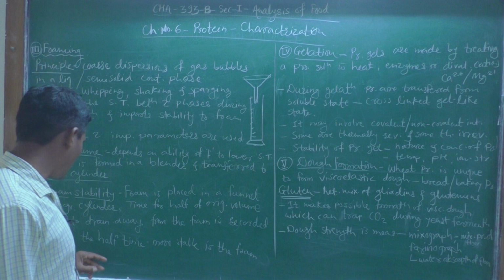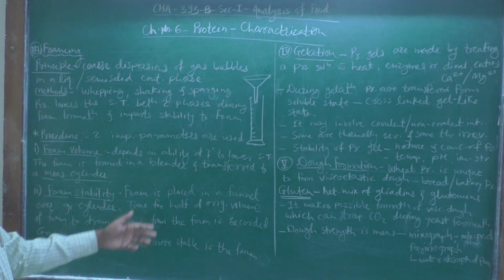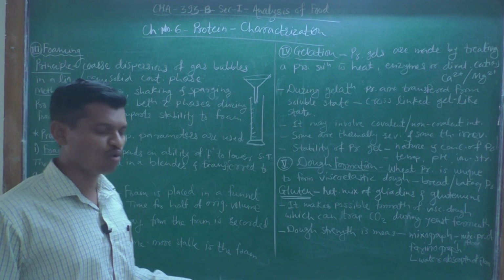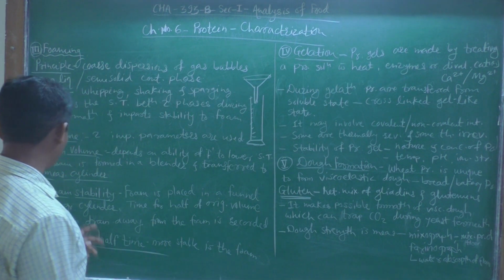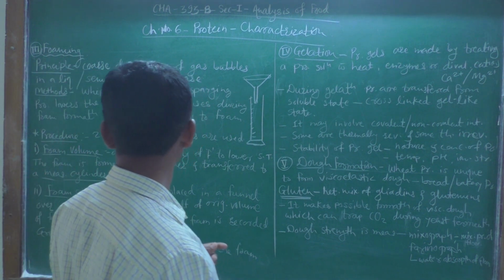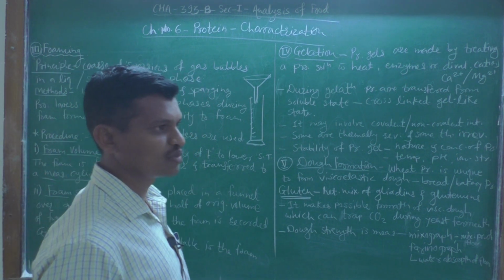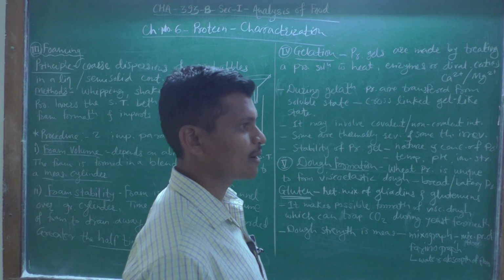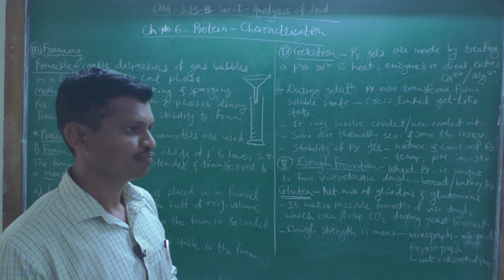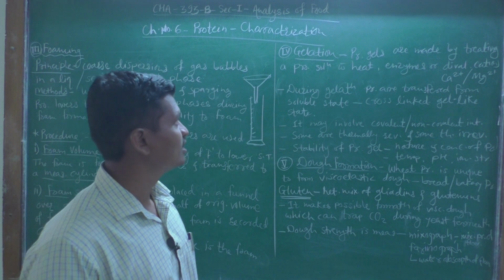The higher the half time of that foam drain process, the more stable is the foam. So this is the relation between foam stability and the time of flow for that foam in the graduated cylinder.